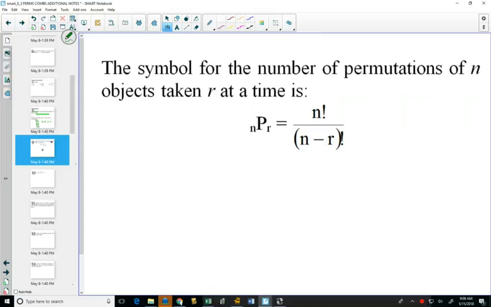We've seen the formula already. We remember that compared to our spaces, the r represents how many spaces, and the n is the number that you start with.